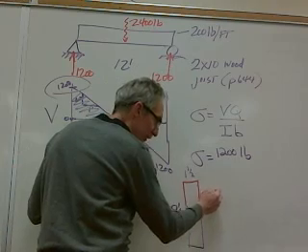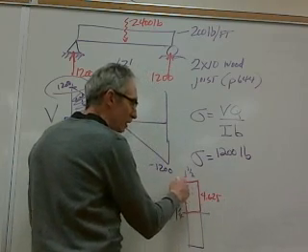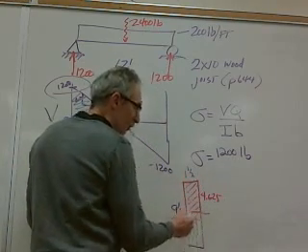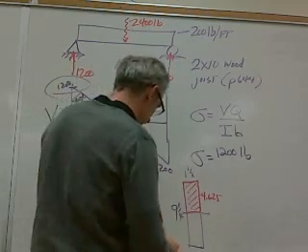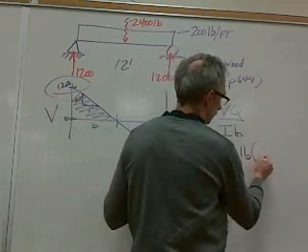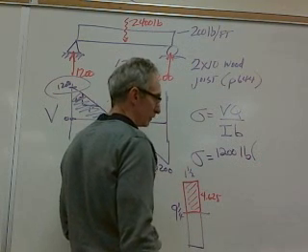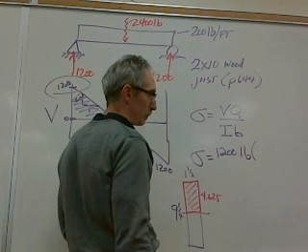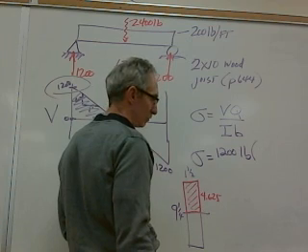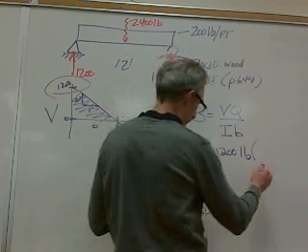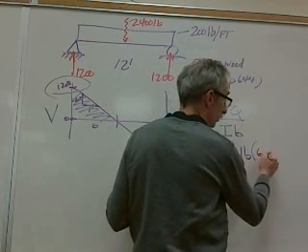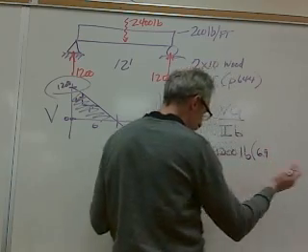That's 4.625 times 1 1/2. What is that area? What's 1 1/2 times 4.625? 6.9 square inches.